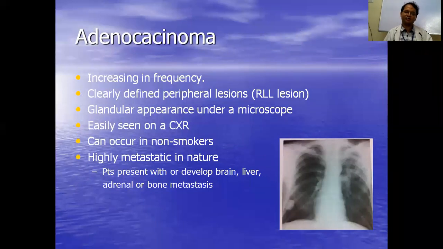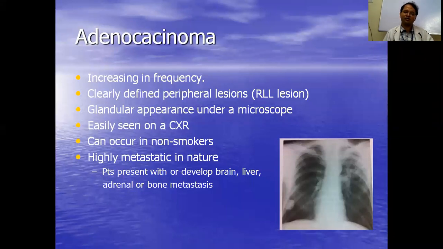About adenocarcinoma, as I told you, its incidence is increasing. Here, these tumors arise peripherally. Here in this X-ray, we can view a small space-occupying lesion in the right lower lobe. This right lower lobe lesion has to be evaluated, and it was found to be adenocarcinoma.